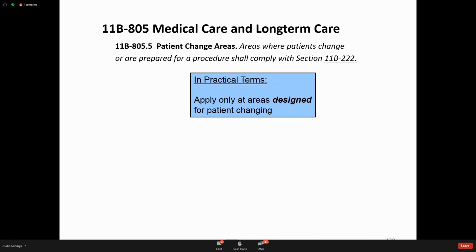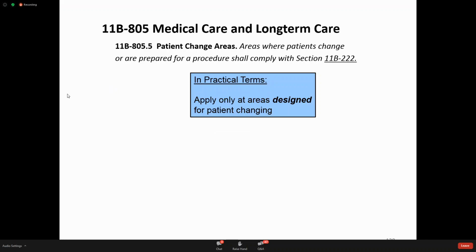And so we see these words on the screen and we want to know, what do they mean? A patient change area, what is that? And what is it when a patient changes? So we've had, frankly, I've sat down, most of you probably know Glenn Gall at OSHPD, who's now recently retired, by the way. We've sat down and had long sessions talking about this, just to be clear.